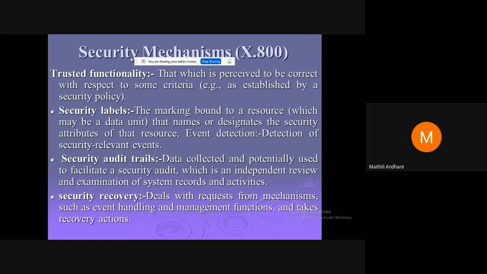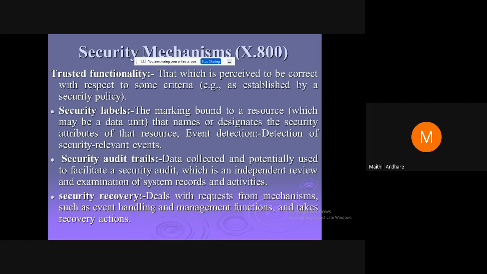It provides the review and examination of system records and activities, whether the activities are being done properly or not, and the review of that particular functionality of the system. All these are examined, and the security audit is maintained so as to get information about that system. In short, we are reviewing the system by security audit trails.